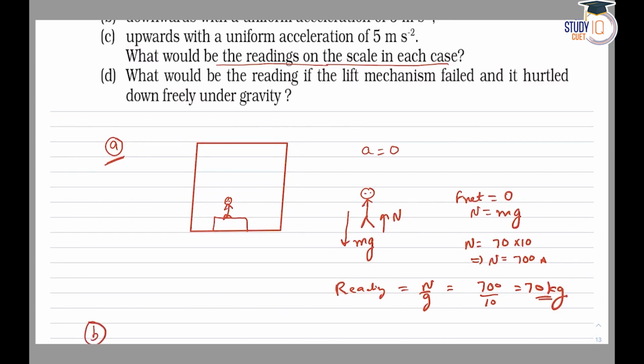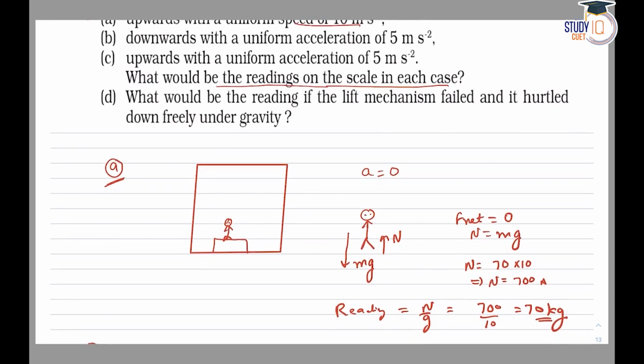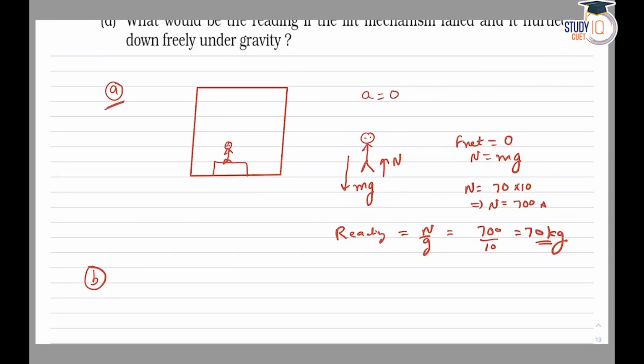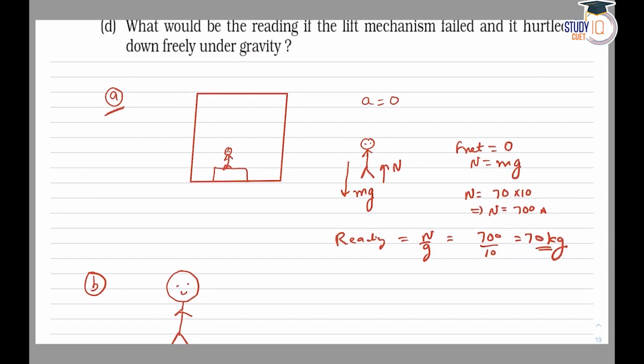Now coming to the B part, the lift is moving with uniform acceleration in the downward direction and the acceleration is 5 meter per second square. Again in the B part, we have to find the reading of the weighing machine. Whenever you need to find the reading of the weighing machine, you first find out the normal by the weighing machine on the person and divide that normal by g.